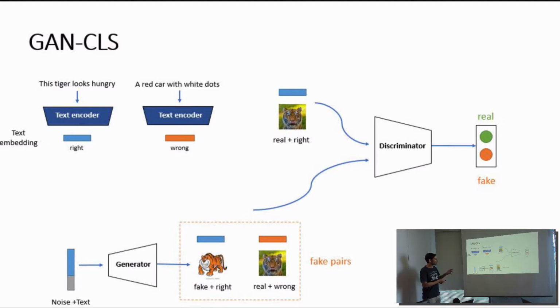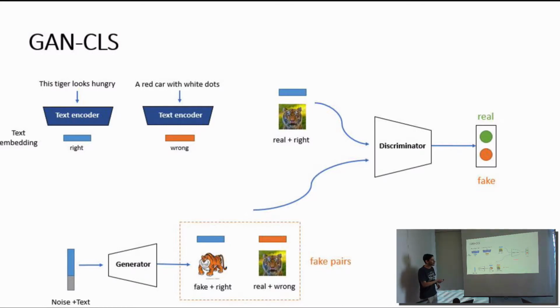The discriminator will always take pairs of text embeddings and images, but we add another type of fake pair: real images plus wrong text. So we train the discriminator to classify this kind of example in the wrong class. The discriminator will learn to decide whether an image and text are aligned with each other or not.